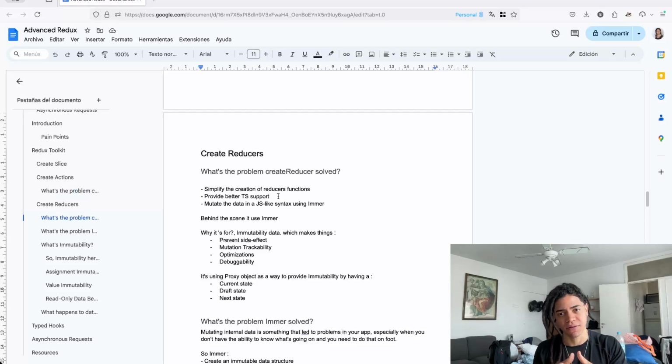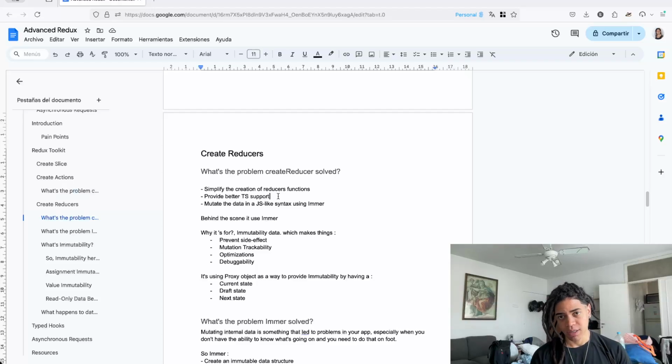It simplifies the creation, provides better TypeScript support, and also allows you to mutate the state in a JavaScript syntax. And I say mutate because behind the scenes, you're not mutating it. What you're doing is just generating a new state using Immer.